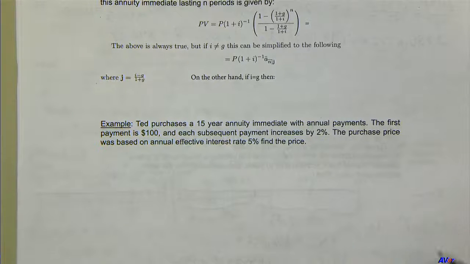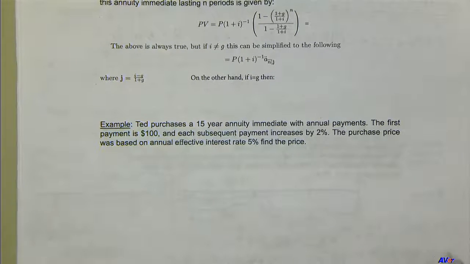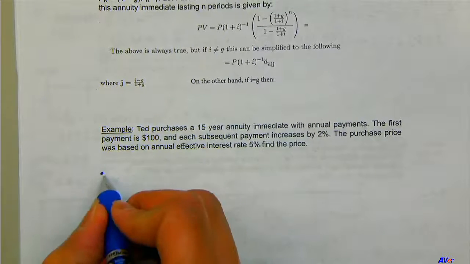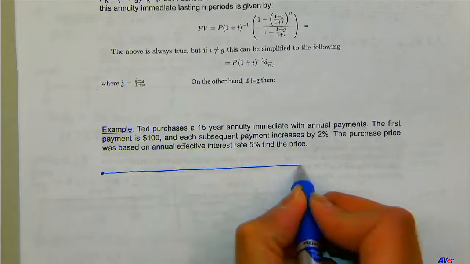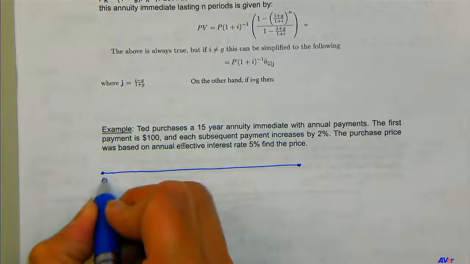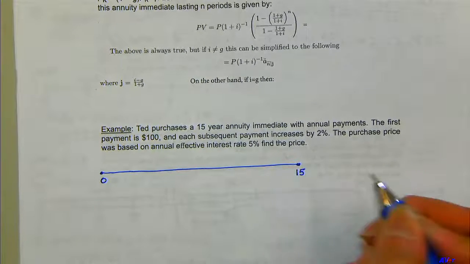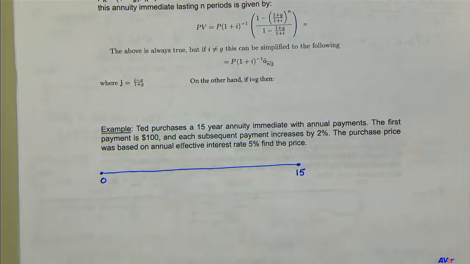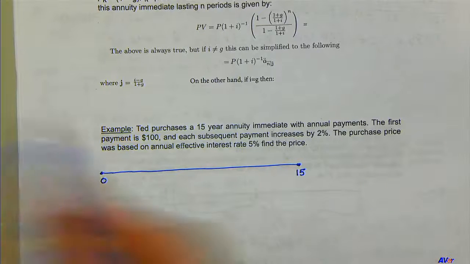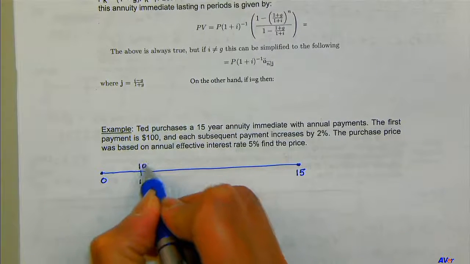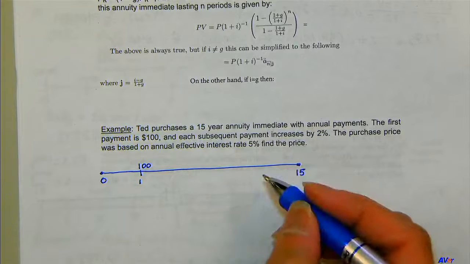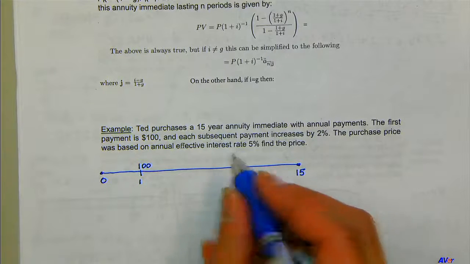Ted purchases a 15-year annuity immediate with annual payments, okay, 15-year. 0, 15. The first payment is 100. And each subsequent payment increases by 2%.